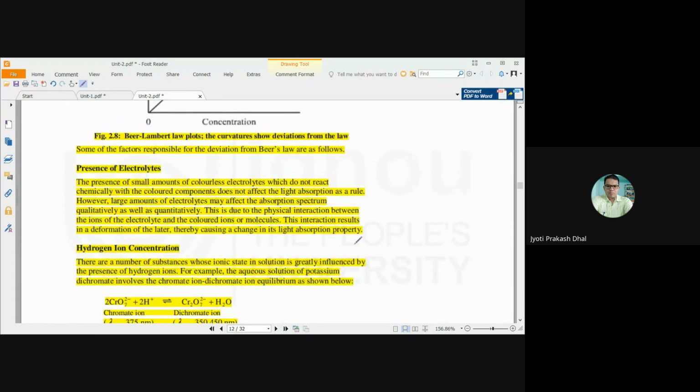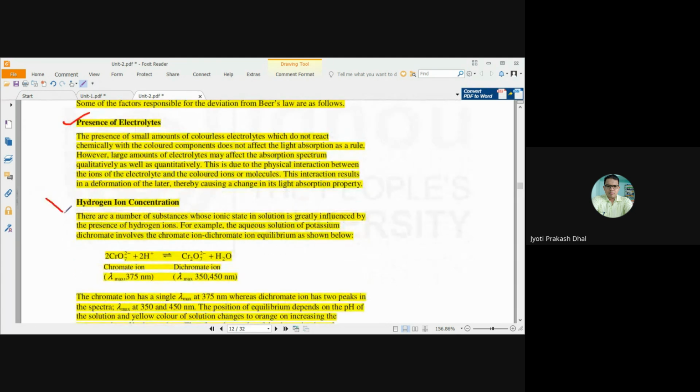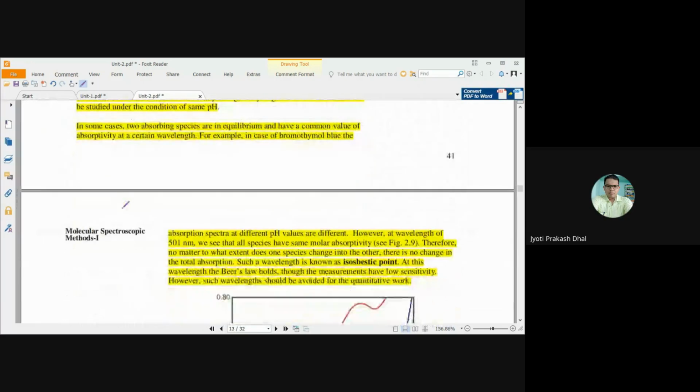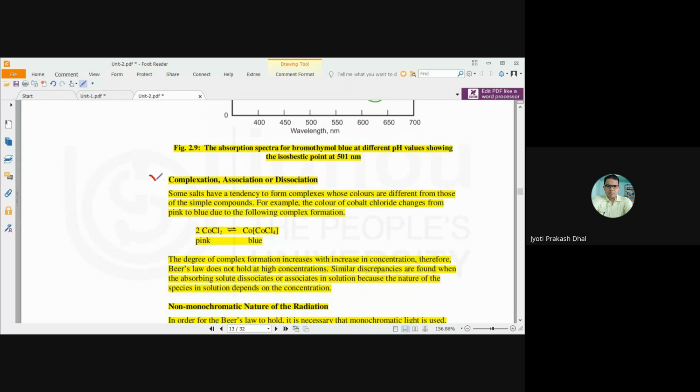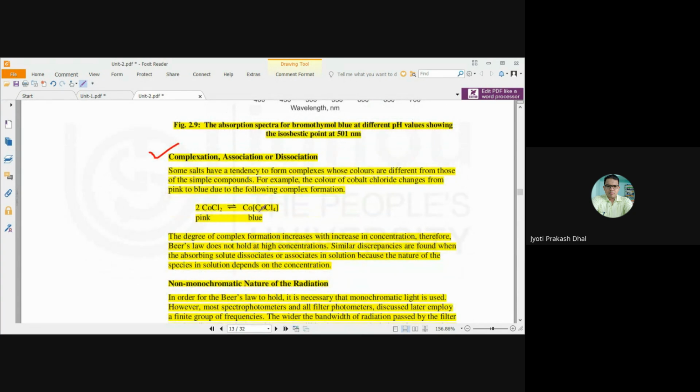This type of deviation from the Lambert-Beer law can be due to the presence of electrolytes, the hydrogen ion concentration, and other causes such as complexation, association or dissociation of the sample. Suppose we take cobalt chloride: it will undergo association.